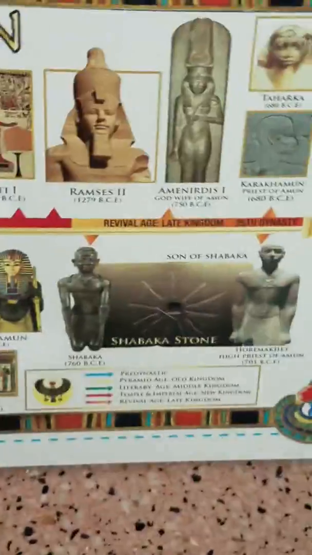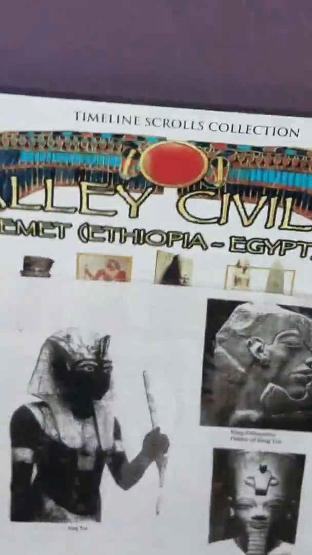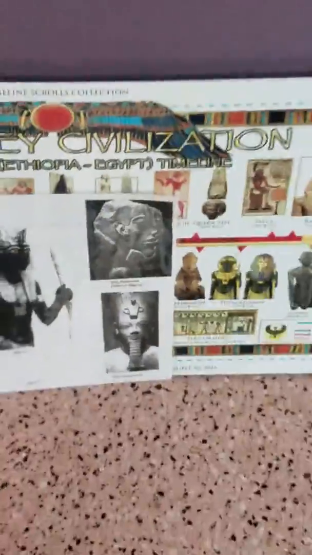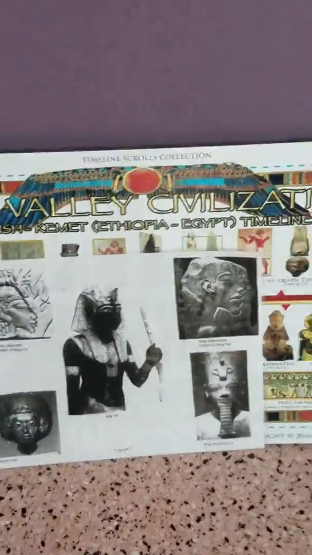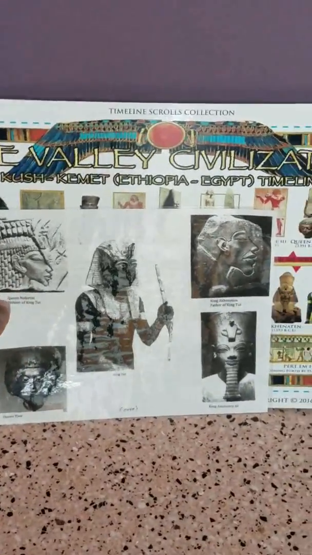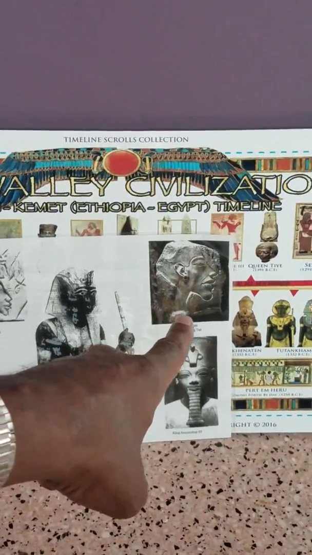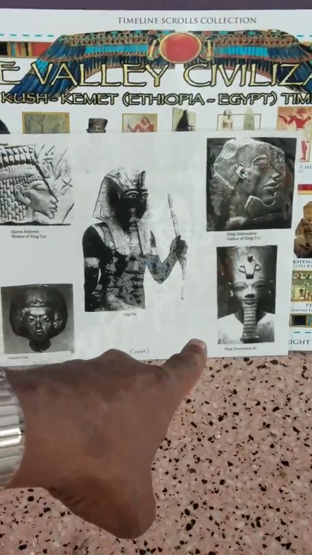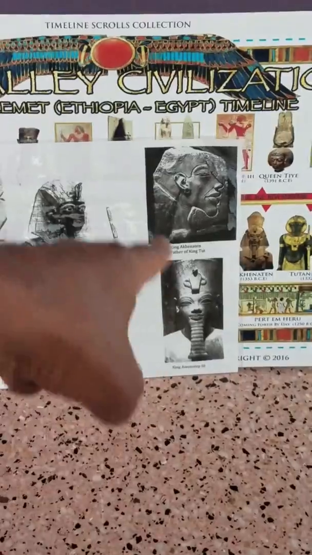Now look at this. So let's go back to King Tut, since this exhibit focuses on King Tut. Here's King Tut right there, and here's King Tut and his family. So you see, there's Queen Nefertari. There's King Tut's father, Akhenaten, better known as Amenhotep IV. Here's Amenhotep IV's parent, which is Amenhotep III.